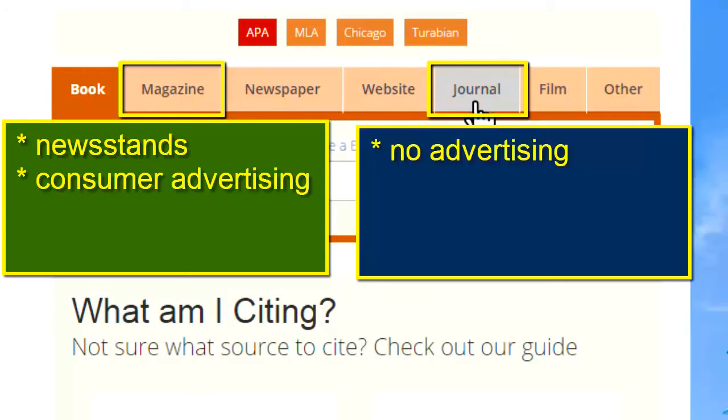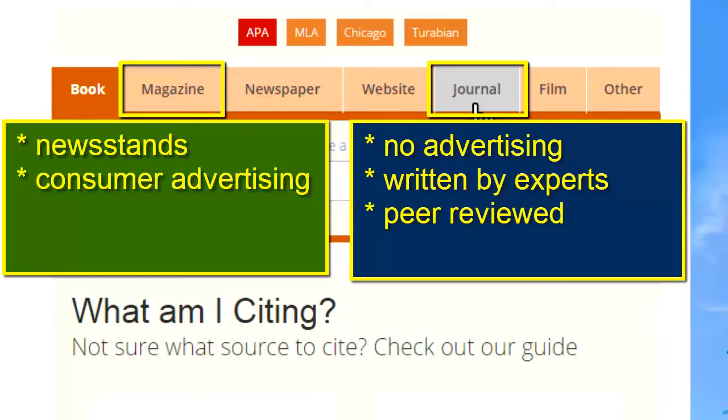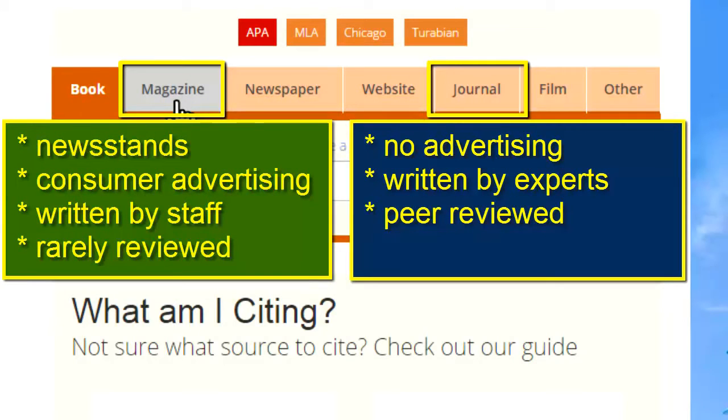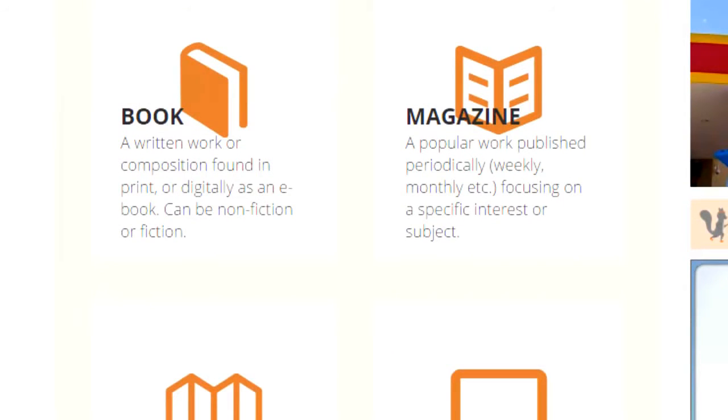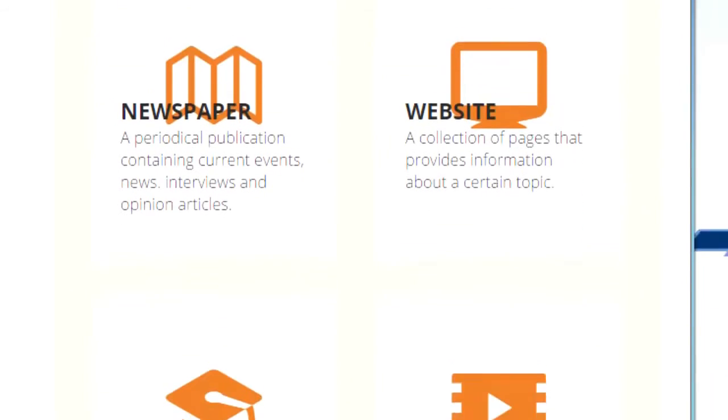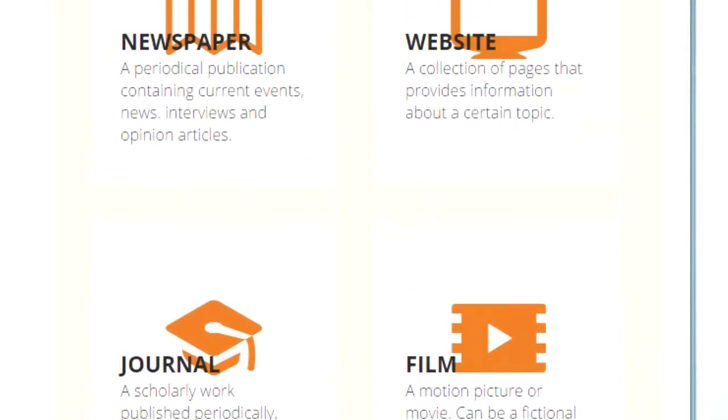However, a journal does not contain consumer advertising and is written by experts whose submissions are reviewed by experts in a process called peer review. A magazine's articles are written by staff writers and rarely reviewed by outside experts. If you need more explanation, Citation Machine provides a quick definition of each in the boxes below.